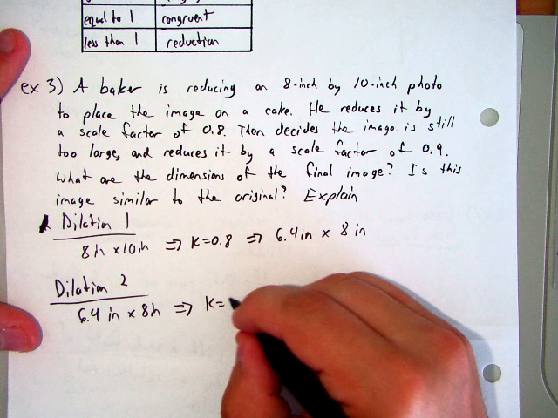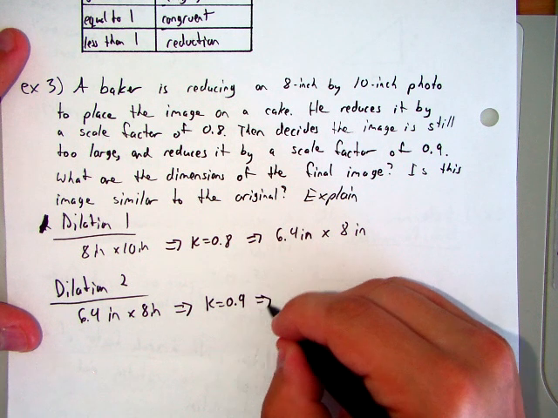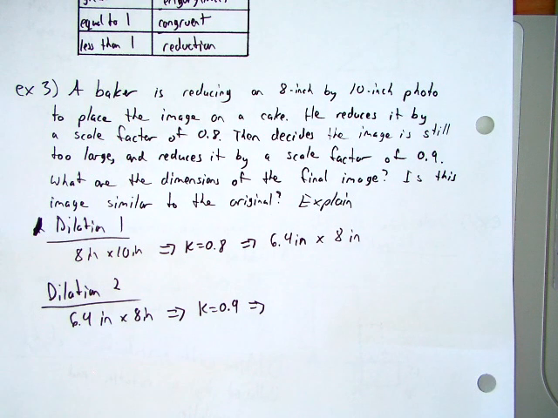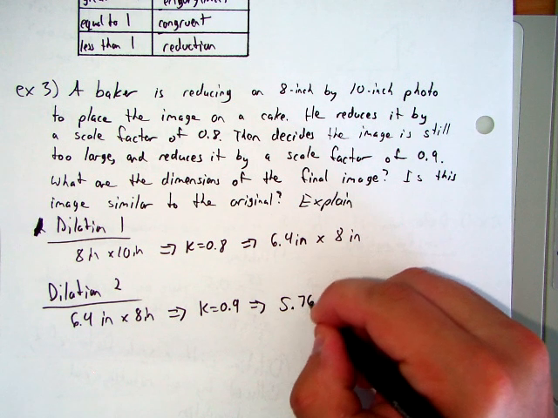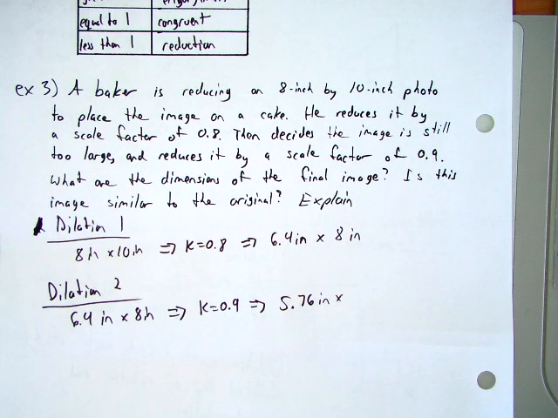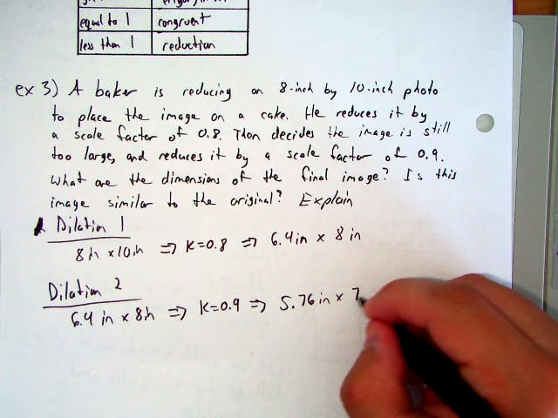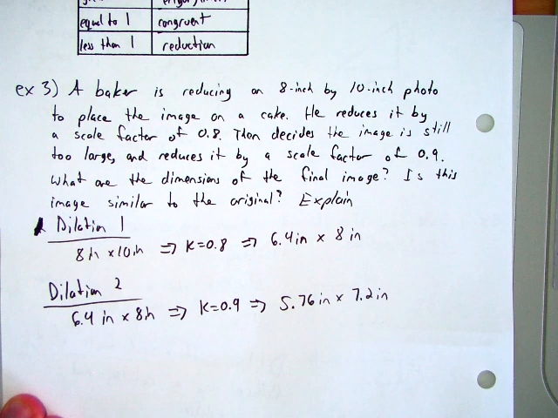And we're going to apply a scale factor of 0.9. Just because he feels like it's still just a little bit too big. So if we do 0.9, 6.4 times 0.9, it'd be about 5.76 inches. And 8 times 0.9 would be 7.2 inches.